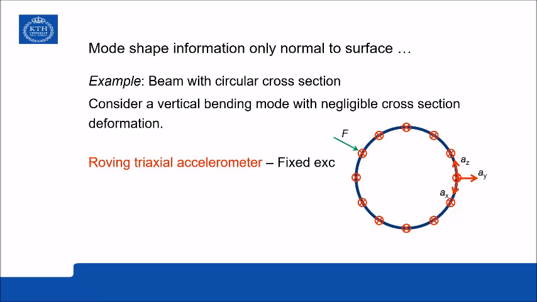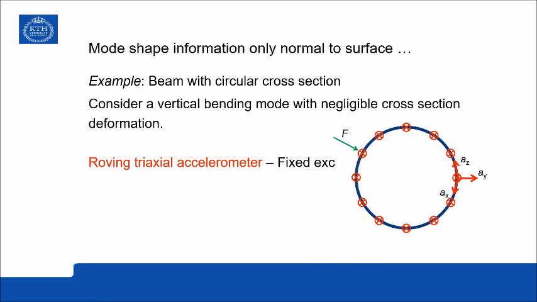And first, let's assume that we have this roving triaxial accelerometer and the fixed excitation. So let's say we pick this point for the excitation and we move the accelerometers around in all observation points like this.